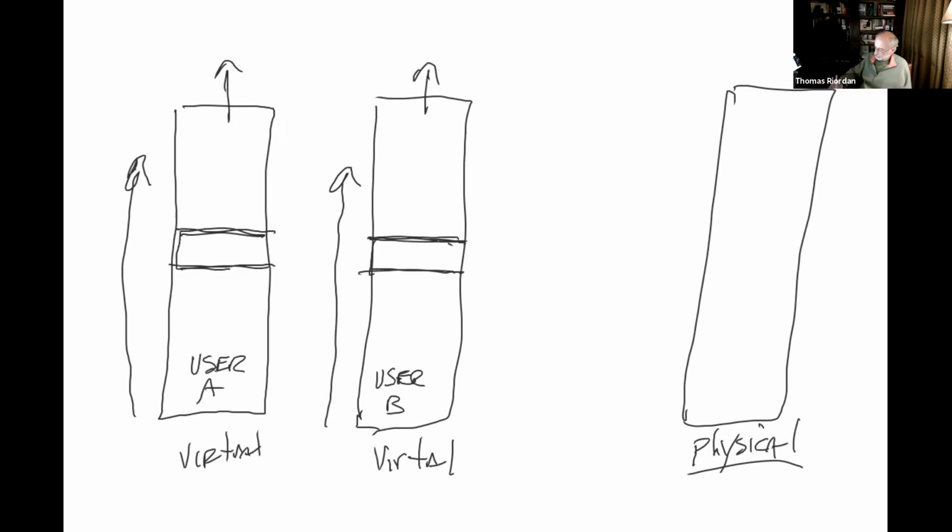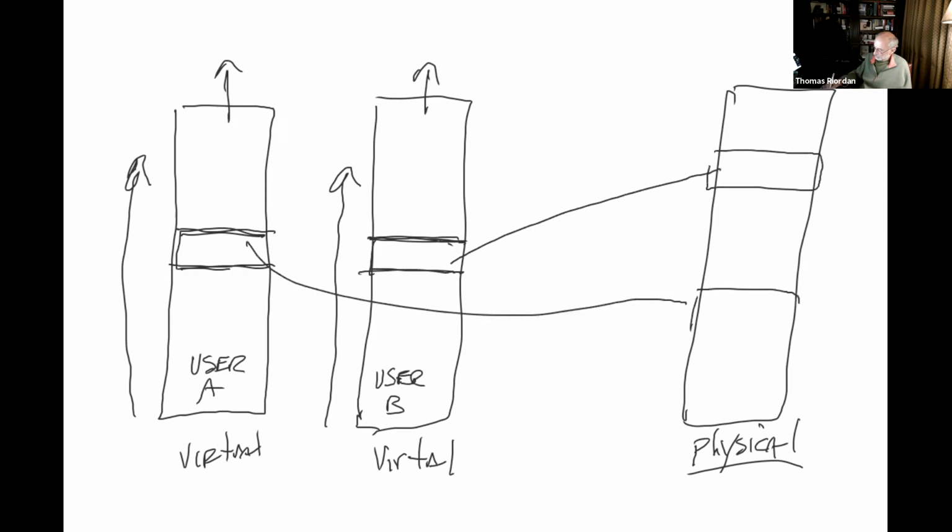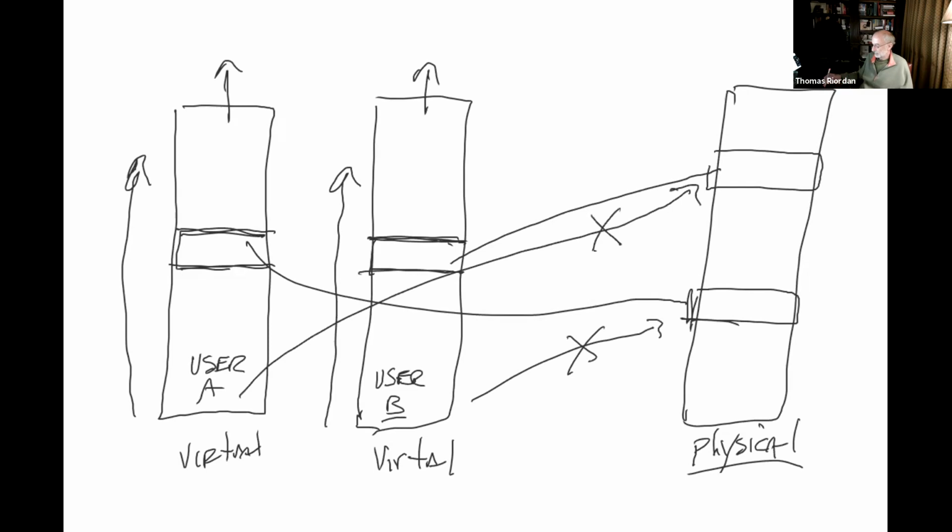Well, when those pieces get mapped over here to physical memory, they're going to go to two different places. So there's an actual mapping that moves them to two different places. And if B here tries to go here, he won't be allowed to do it. And if A here tries to go here, he won't be allowed to do it.